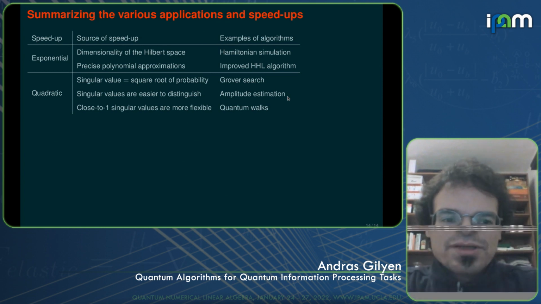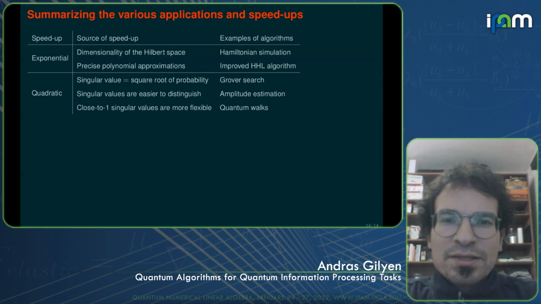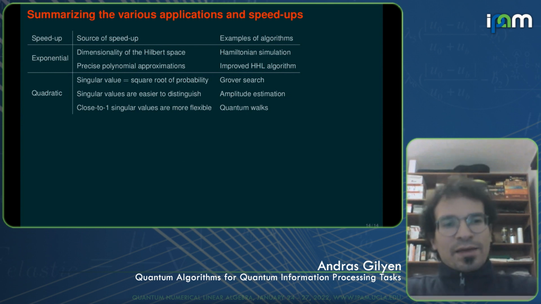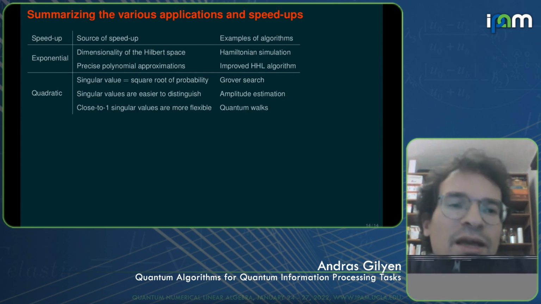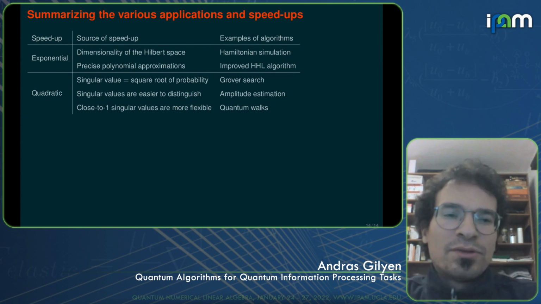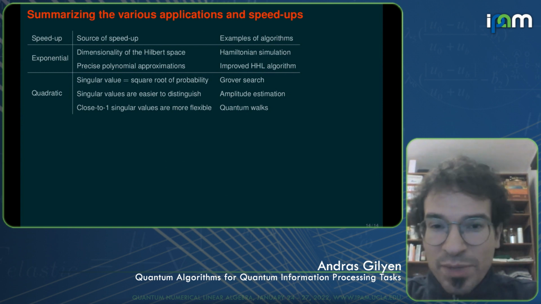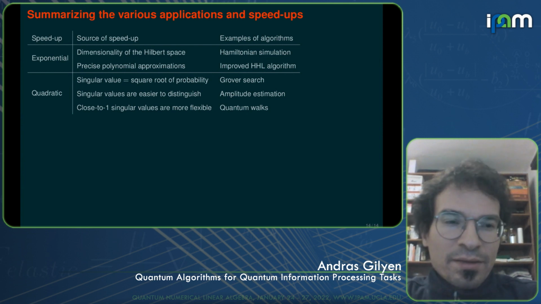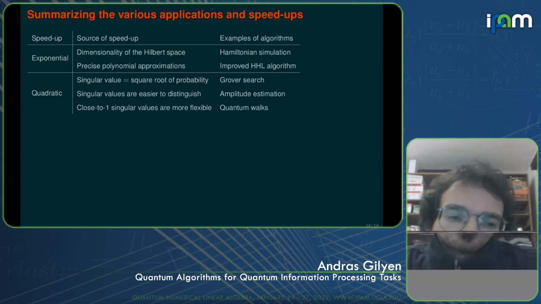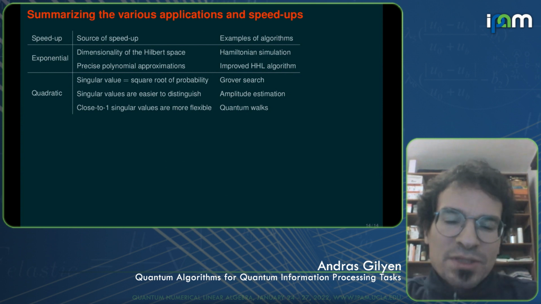But I have time for one last summary slide, which summarizes the various applications and how these speedups arise from this machinery. We can say that exponential speedups are possible due to the dimensionality of the Hilbert space, and that is present, for example, in Hamiltonian simulation or HHL itself. A different sort of exponential speedup compared to prior art comes from precise polynomial approximations.